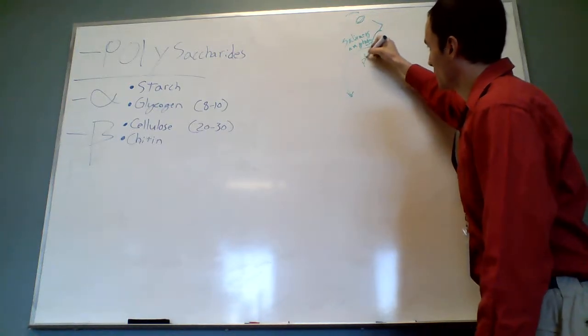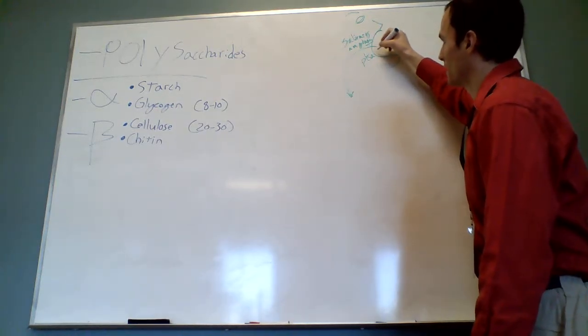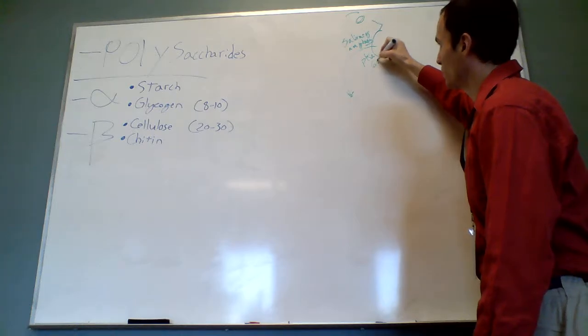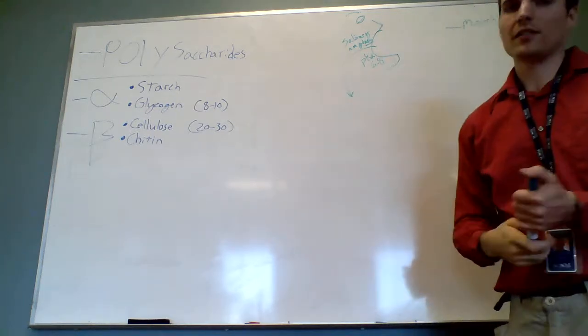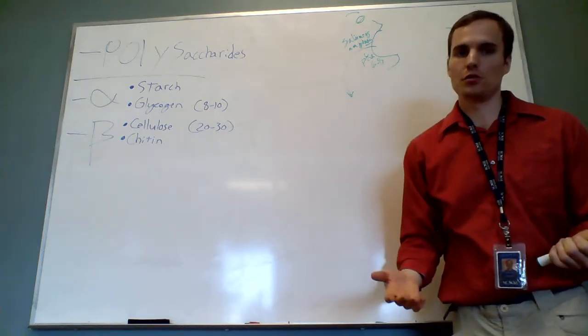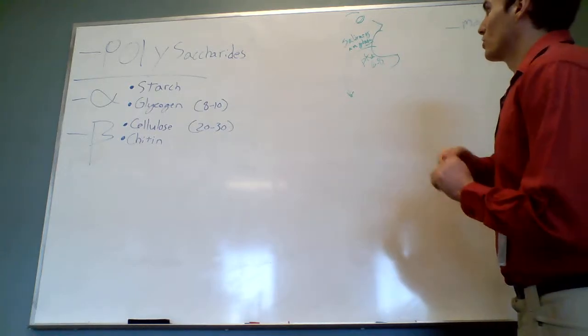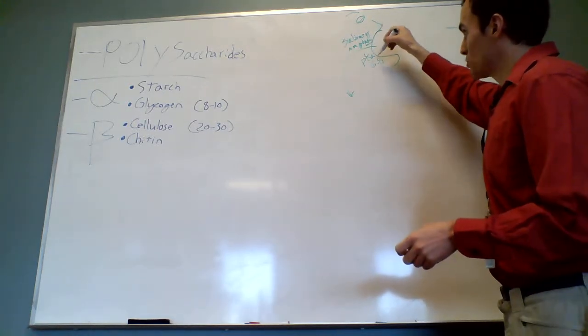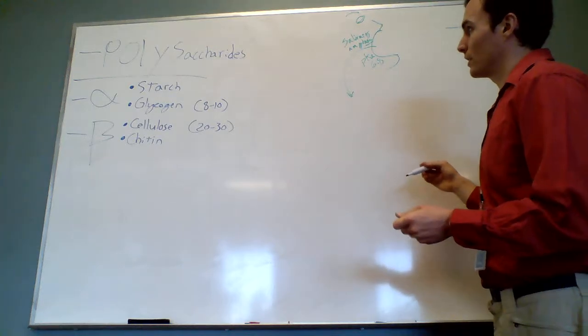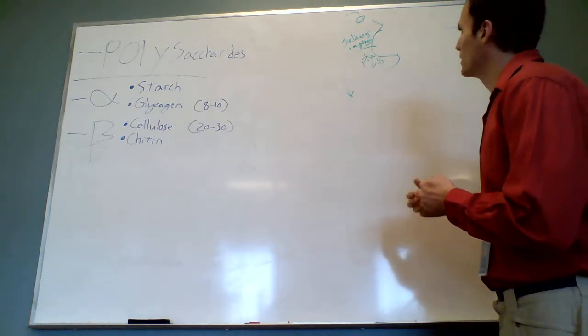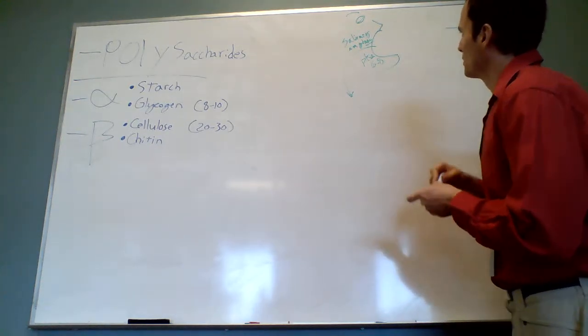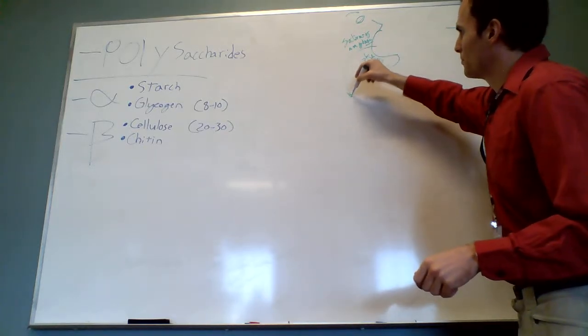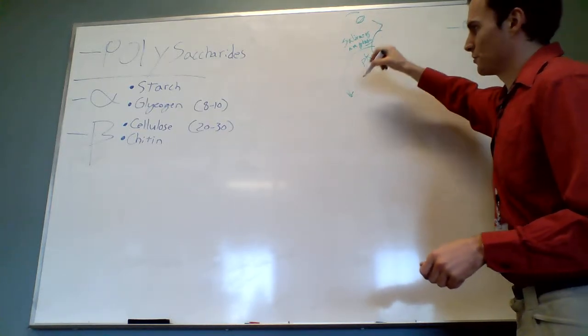This enzyme, salivary amylase, has a pKa of 6.8, which means it functions best at a pH of 6.8. That starts breaking down starch into, I believe, maltose. But anyway, it starts breaking down sugars in your mouth.